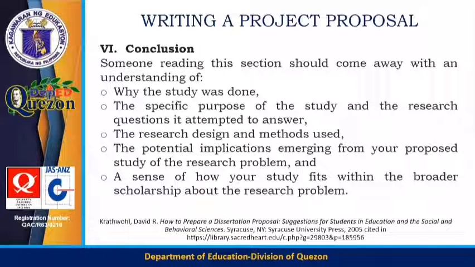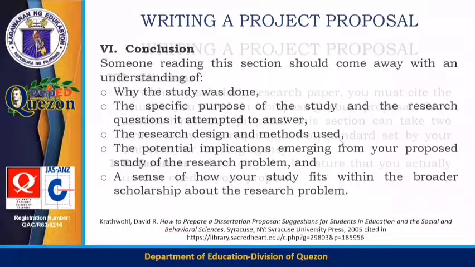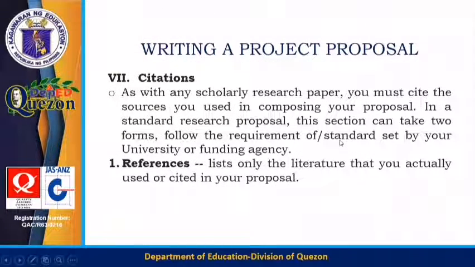The seventh part of a research project proposal is the citation. As with any scholarly research paper, you must cite the sources you used in composing your proposal.